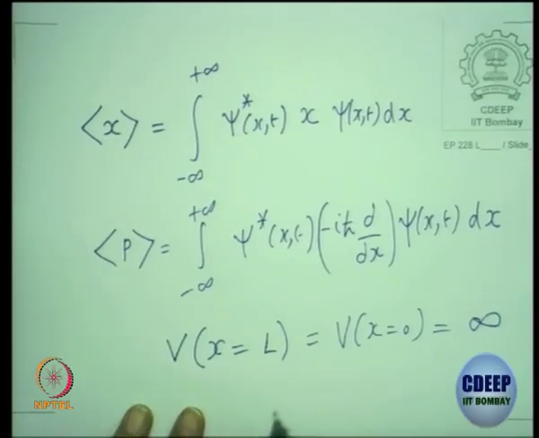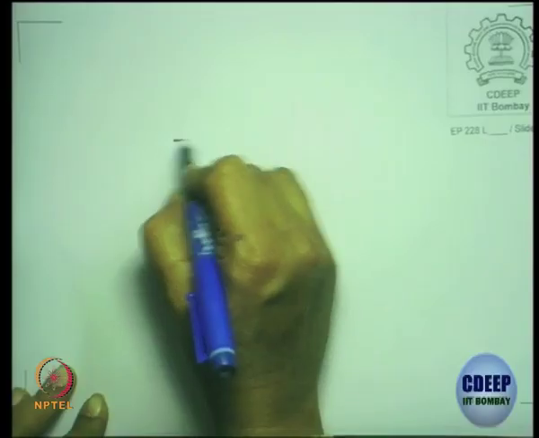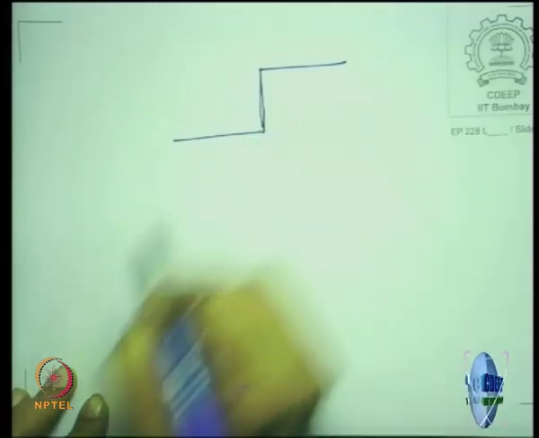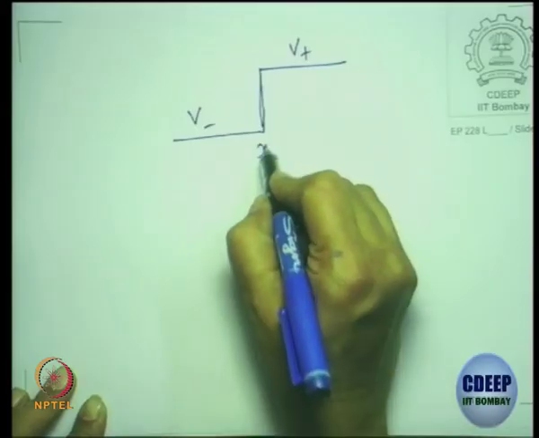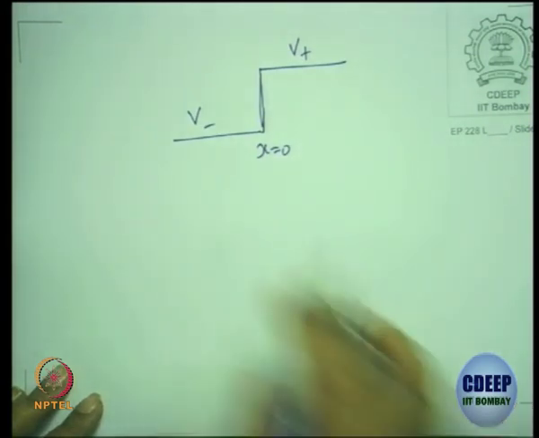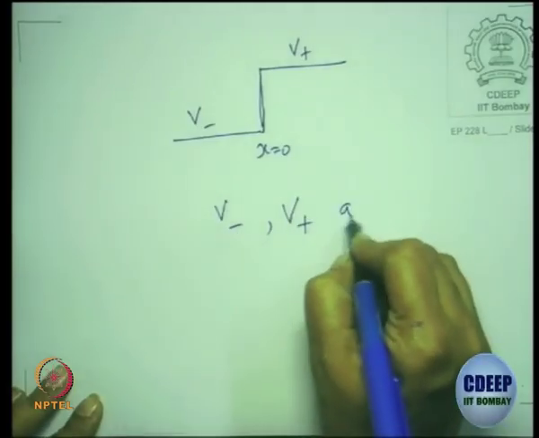And you have also done potentials which are V minus, V plus, x equal to 0. So, these are finite. V minus and V plus are finite.